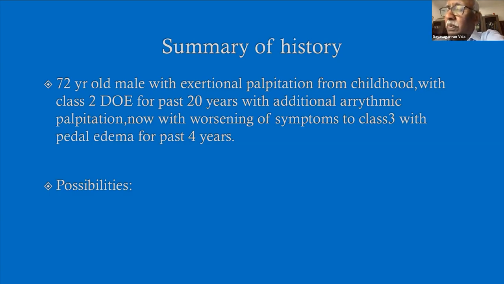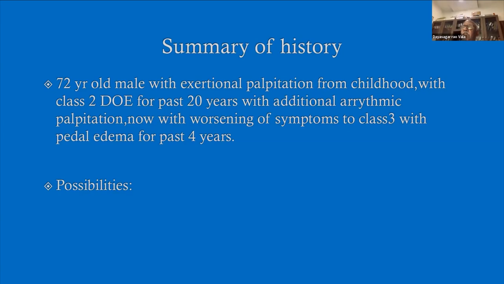Tell me what type of heart diseases arrhythmias are more common in adults. Ischemic heart disease. Did you say valvular heart disease, mitral stenosis? No, that is rheumatic, we said.